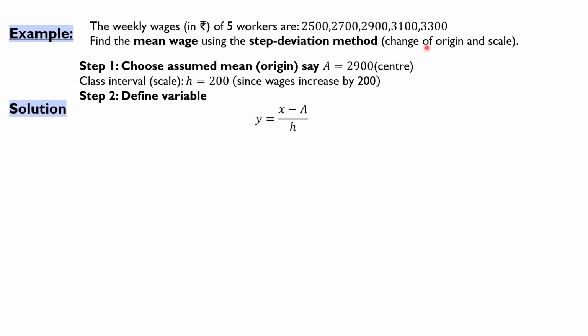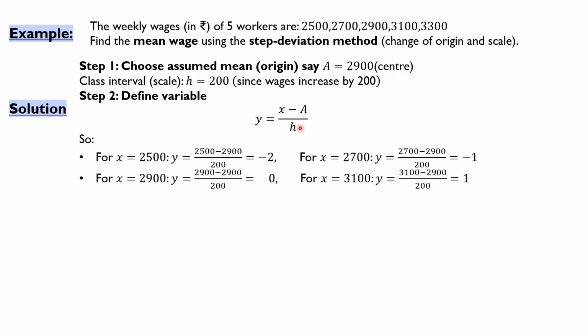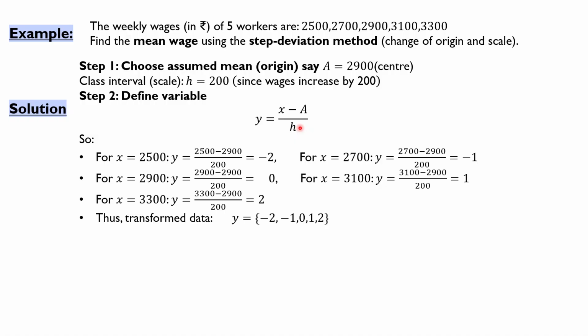Now we have defined a variable y, which is x minus a upon h, and each value of x is transformed into a new variable y. So if the value is 2500, its difference from constant a divided by h comes to be minus 2. The transformed data becomes minus 2, minus 1, 0, 1, 2.